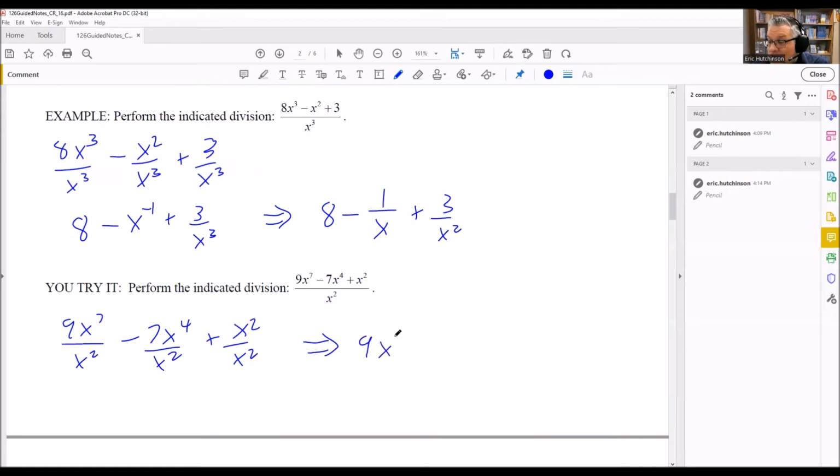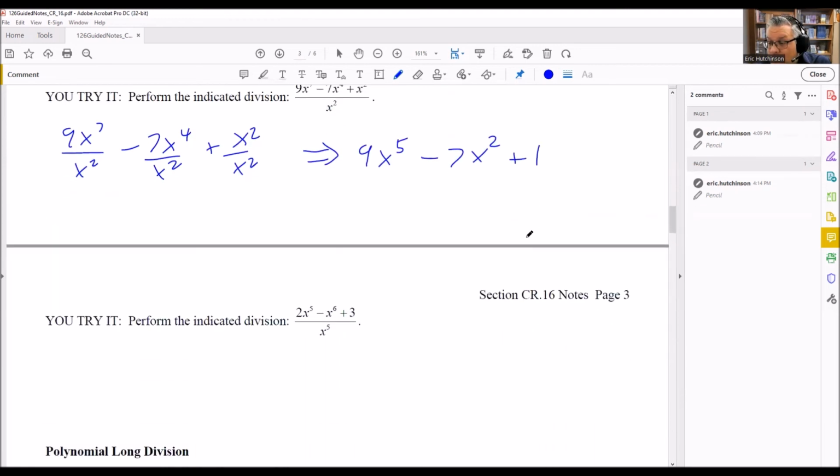That's going to be x to the 5th because 7 minus 2 gives you 5. Then you have x, 4 minus 2 is going to be 2. And because you have the same thing top and bottom, you're just going to get a 1 there. And then that would be your answer, 9x to the 5th minus 7x squared plus 1.